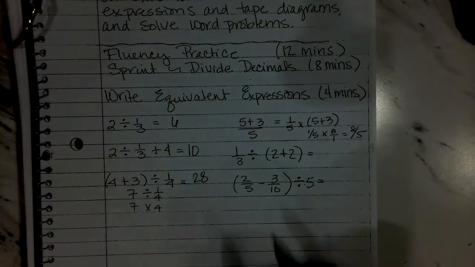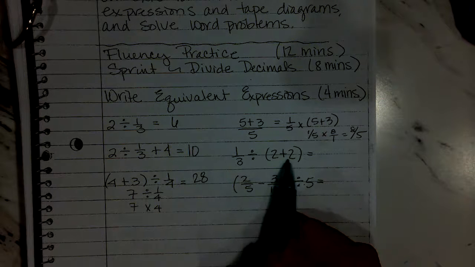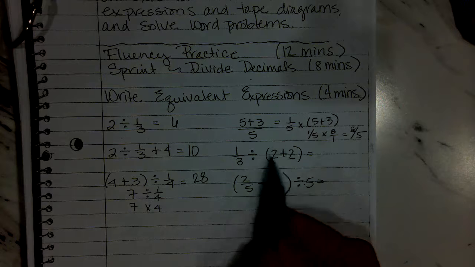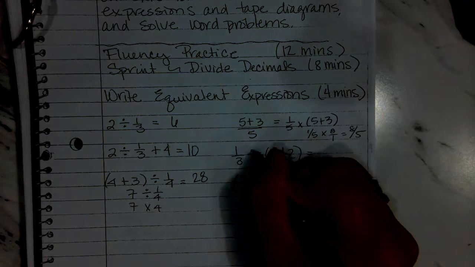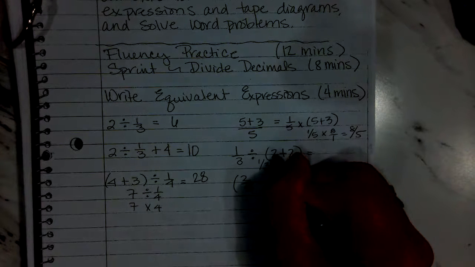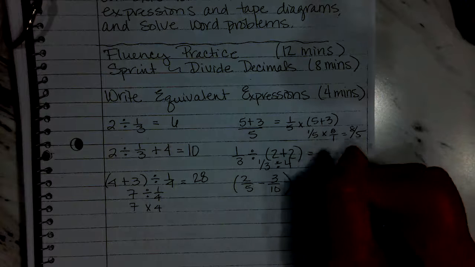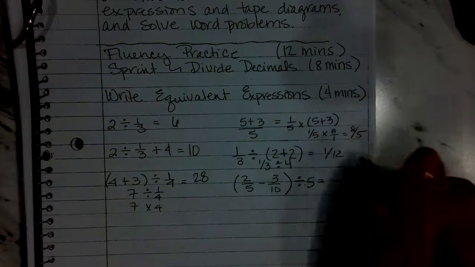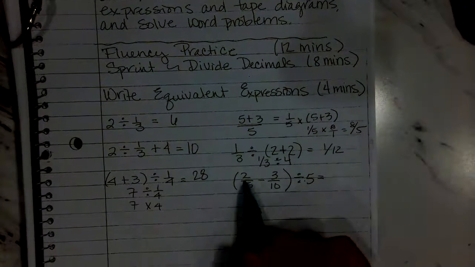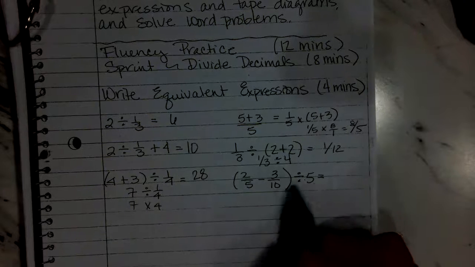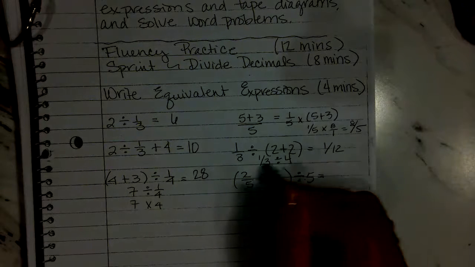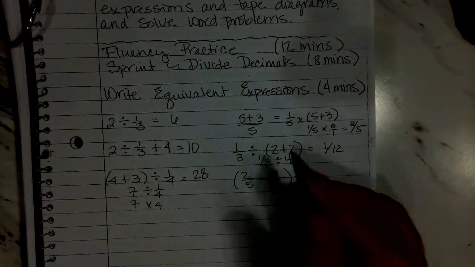Okay, now what about this right here? We have to do the parentheses first. So 1/3 divided by 4, which becomes 1/12. Then we have 2/5 minus 3/10 divided by 5. So we have to start with our parentheses.